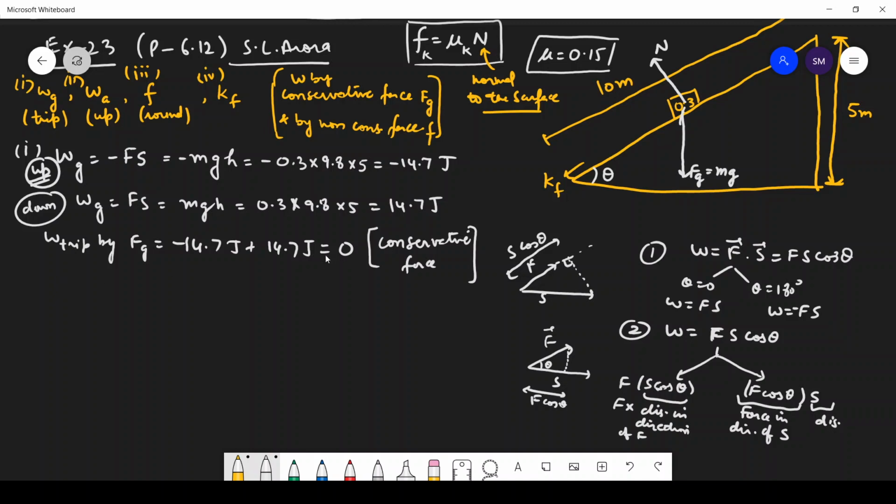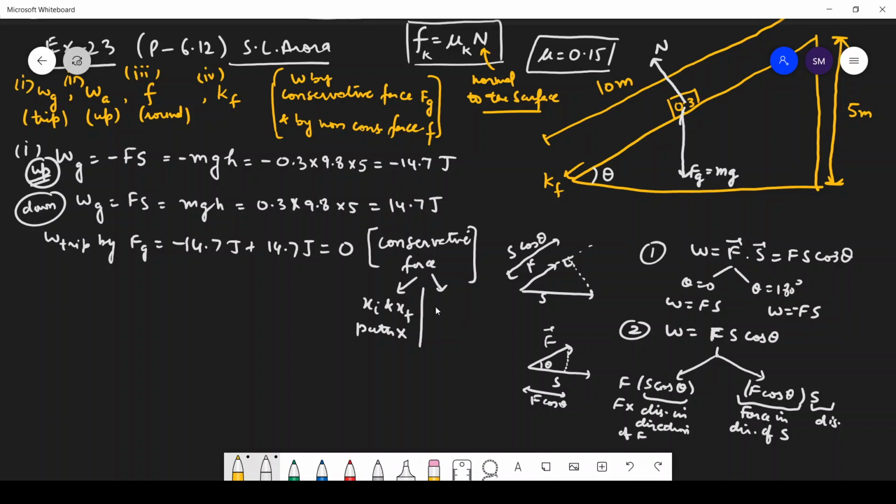So now we know that this is a conservative force, and conservative forces depend on initial and final position. They do not depend on path. Path is not concerned. They only depend on initial and final position. And the second thing is that the work is stored in the form of potential energy, meaning the work done by the gravitational force here is equal to minus this.